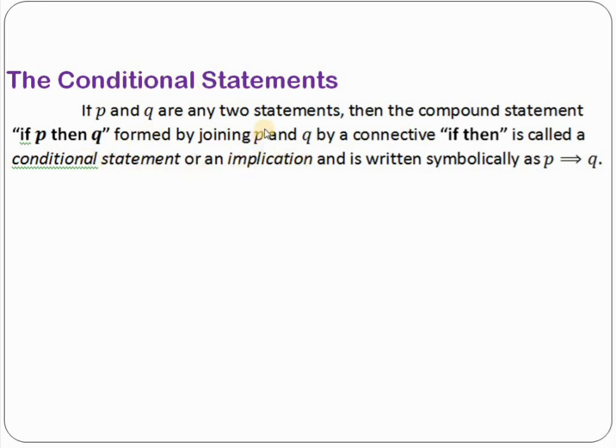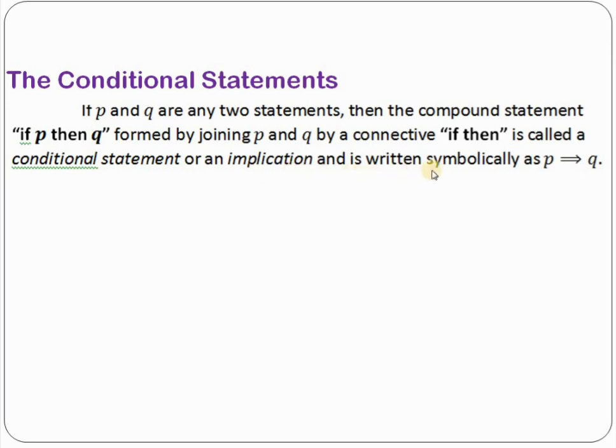So basically you have got two statements P and Q, and this time you are not joining them using and, or like that. This time you are joining the statements P and Q using if then. Then such kind of statement is known as conditional statement or an implication.